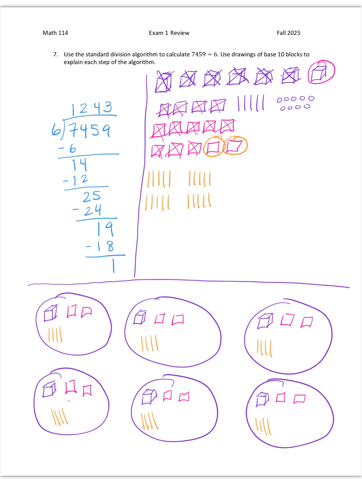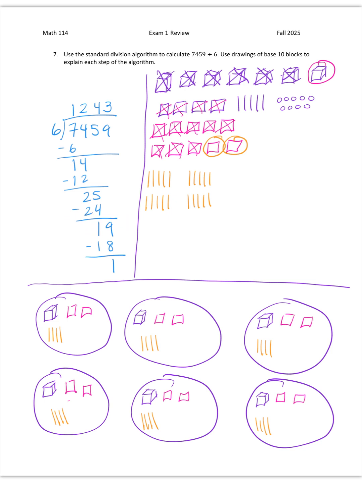Okay, so I have now given out 4 tens to each group. That's 24 tens. So we looked at the 25. We said, okay, we've got 25 tens to distribute. That means I can put 4 in each group. And I will give out 4 times 6, 24 tens. So I had 25 tens. I just gave out 24 of them. That means I have 1 left over.